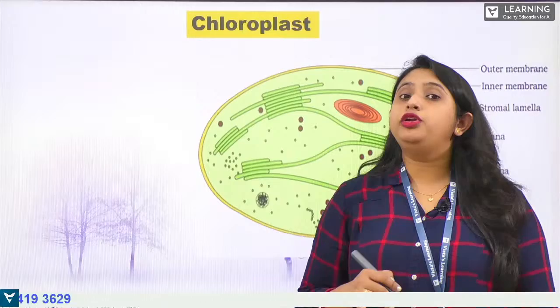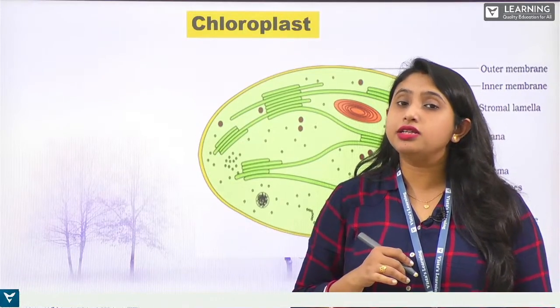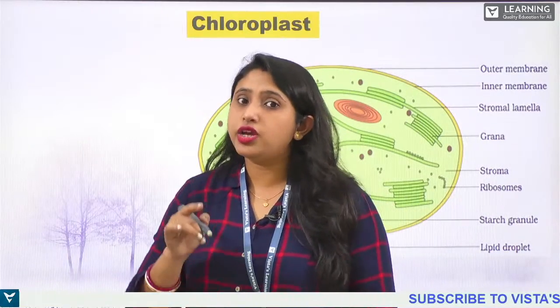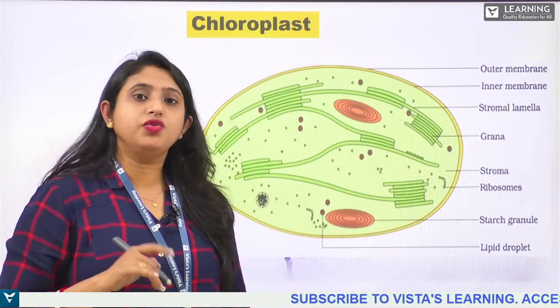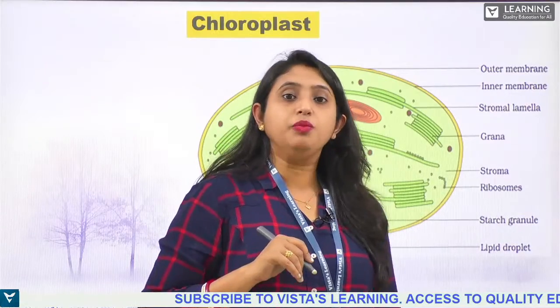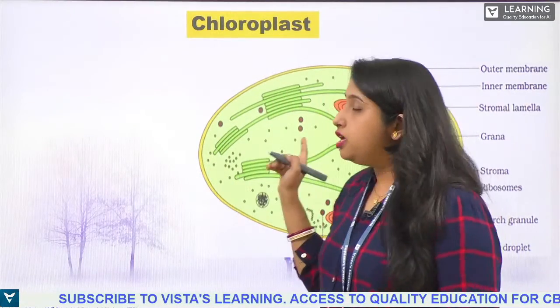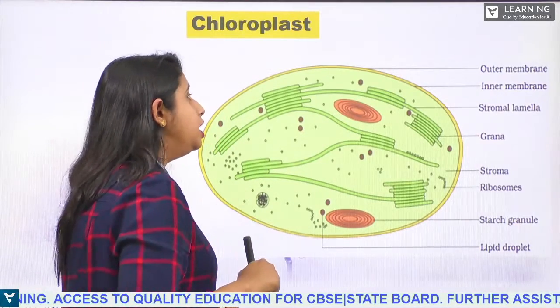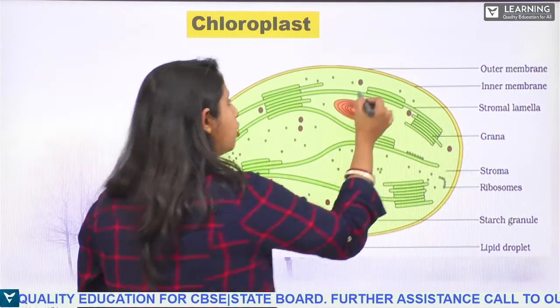Next, let us come to the kitchen of the cell, that is the chloroplast. Chloroplast is the place where the photosynthesis is taking place, where the light reaction is taking place. You have already studied the structure of chloroplast. This is the outer membrane.